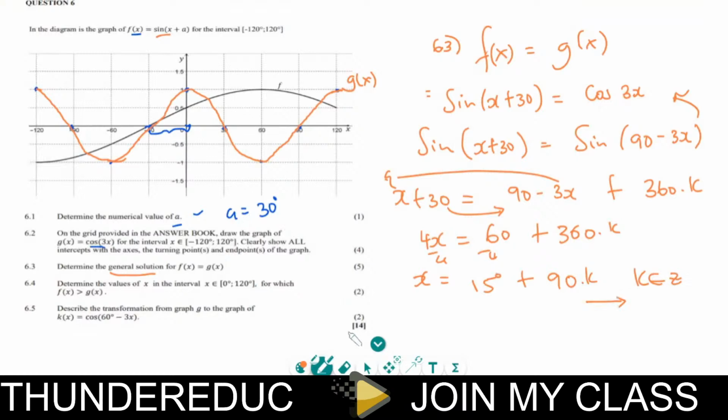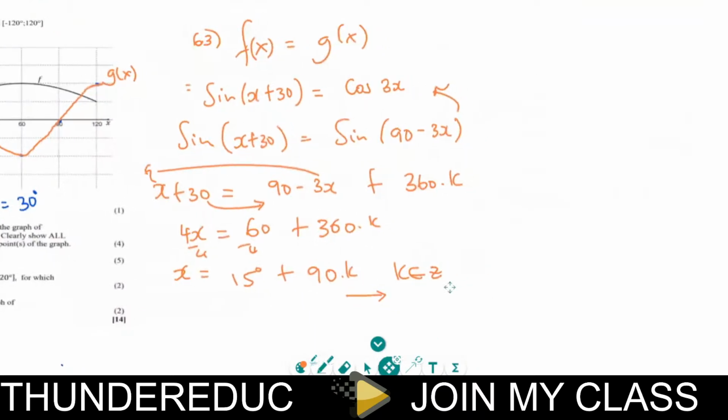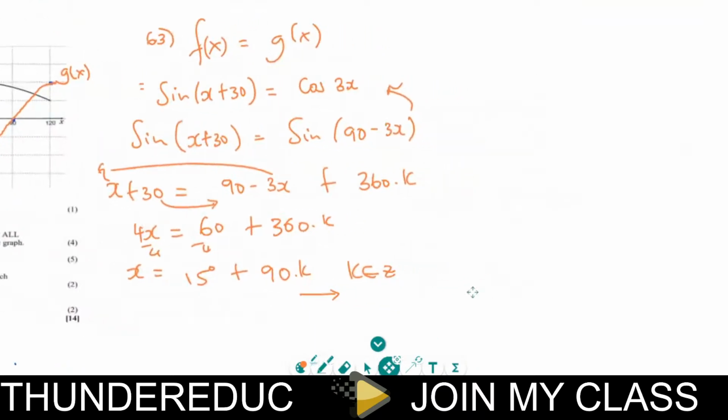But since we're talking about sine, the other solution must be in the second quadrant. So in the second quadrant, we shall have x plus 30 is equal to 180 minus all of that, 90 minus 3x.